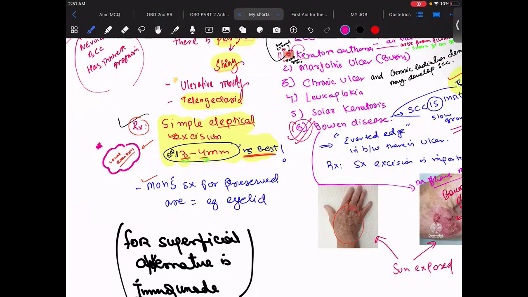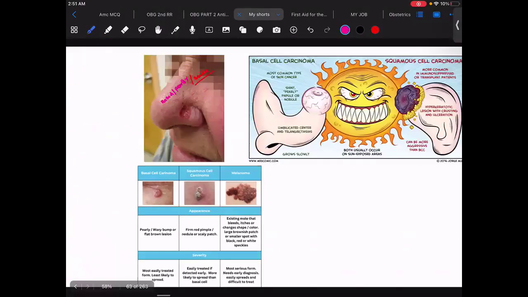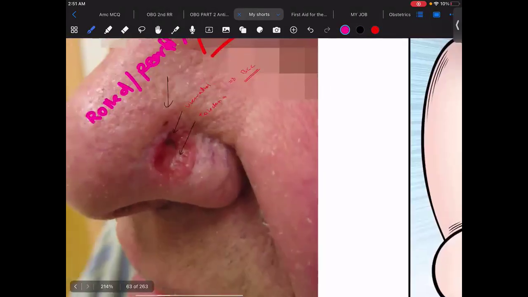And if they want to test you about the margins which we take, it should be 3 to 4 mm margin. For example, let me go back to the diagram. If I need to do the local excision of this lesion, I will take the margin, and it should be like 3 to 4 mm.